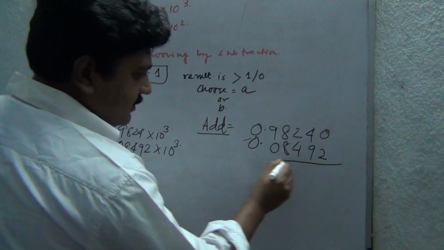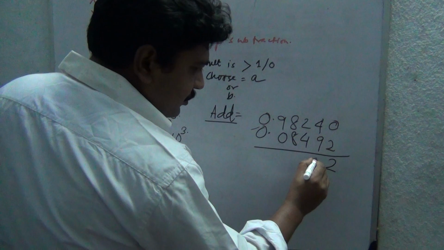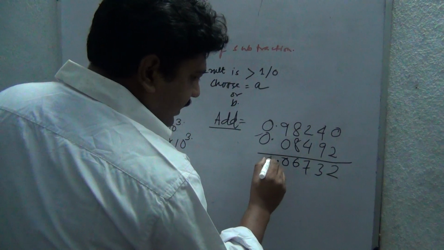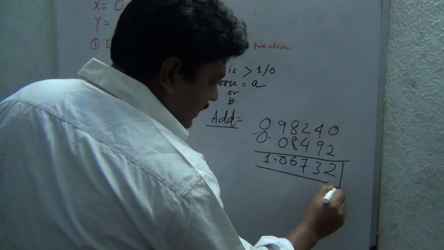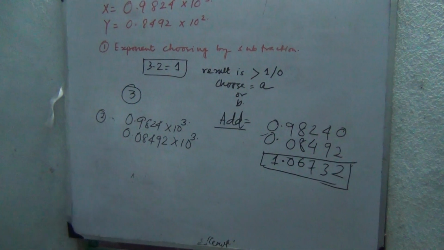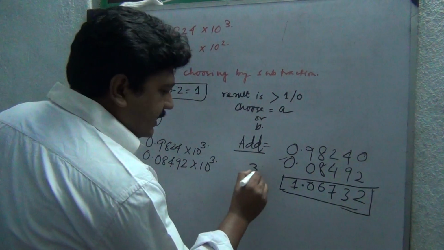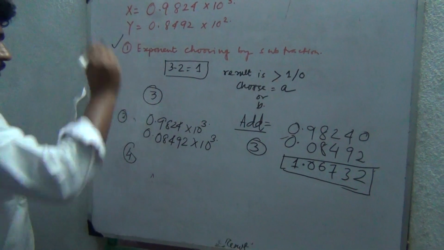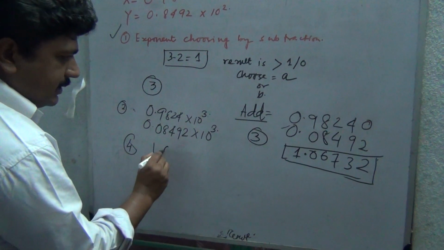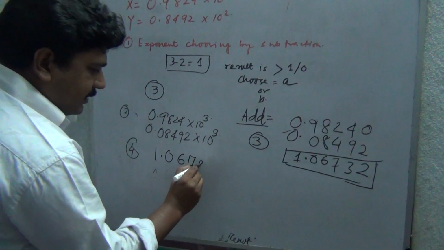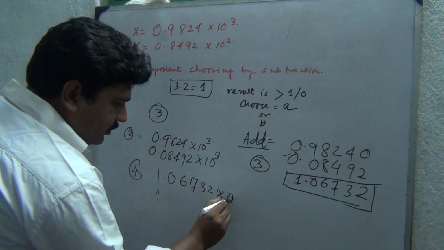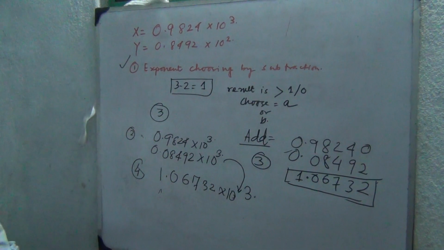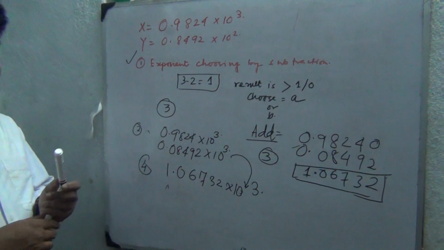Here we can put a 0. So we get 1.06732, the result of the mantissa. The last stage gives 1.06732 into 10 to the power 3. This is the algorithm of arithmetic pipelining.